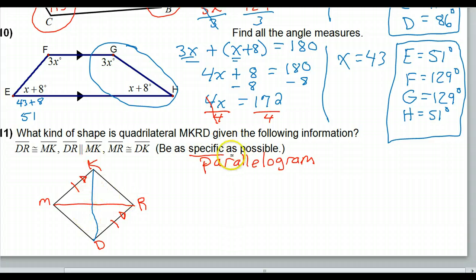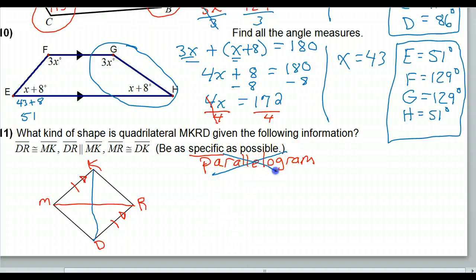Now we already know it's a parallelogram, so it can't be a trapezoid or a kite or anything. So there's only one parallelogram that has diagonals that are congruent. What is the only parallelogram that has diagonals that are congruent?